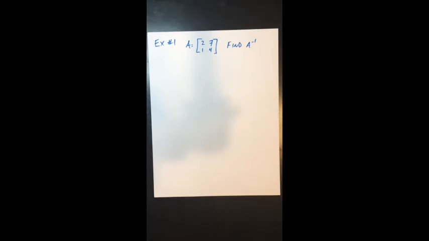To begin this example, I want to show you a couple different ways that we can go about finding this inverse. The textbook shows you 3 different ways if you take a look. The first way is by matrix multiplication.